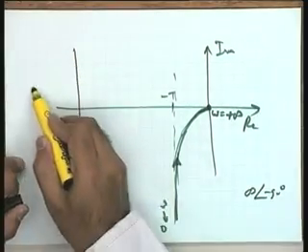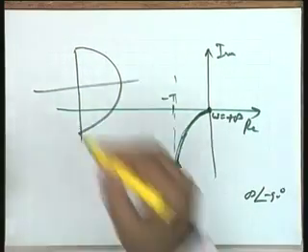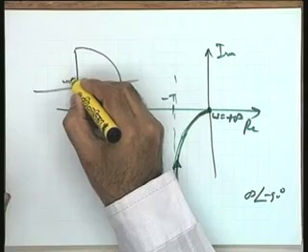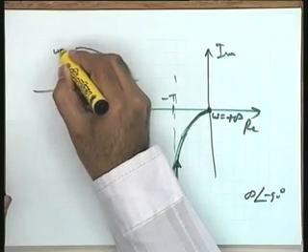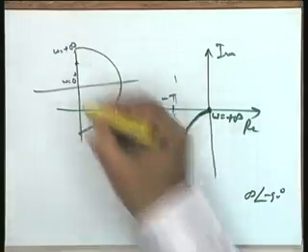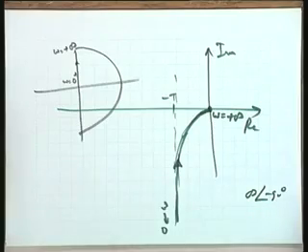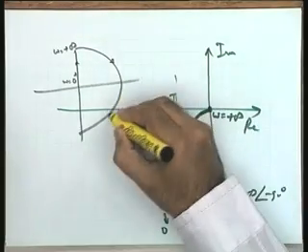Now you give me the total Nyquist plot. This is your Nyquist contour. You started with omega is equal to 0 plus, and you have gone to omega is equal to plus infinity. No problem as far as this portion is concerned, because the Nyquist plot of this portion is given by this. Now you go along this contour.